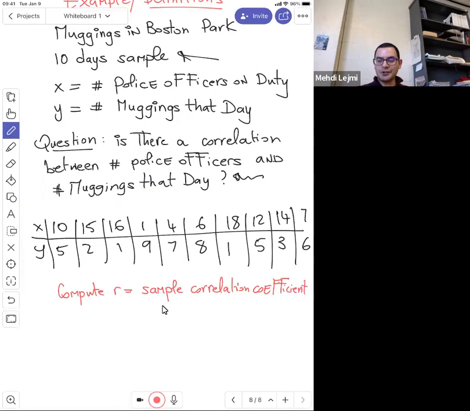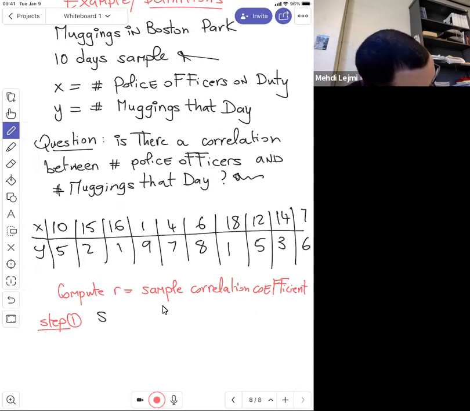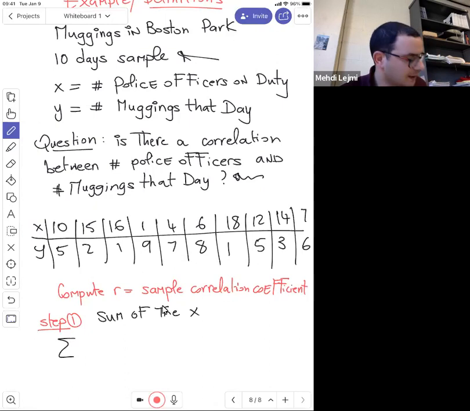Okay, so first we are supposed to compute the sum of the x's. So step 1, that would be the sum of the x's. The sum of the x's is denoted by summation, so this is the capital sigma. You take just the x values, right?